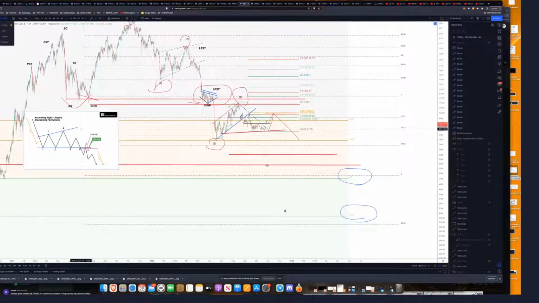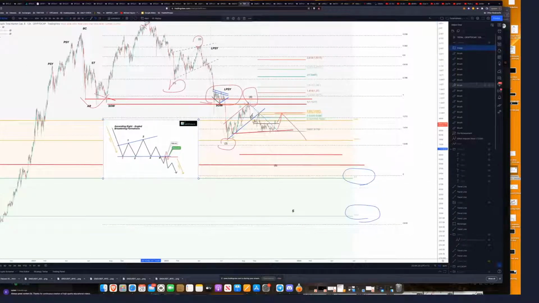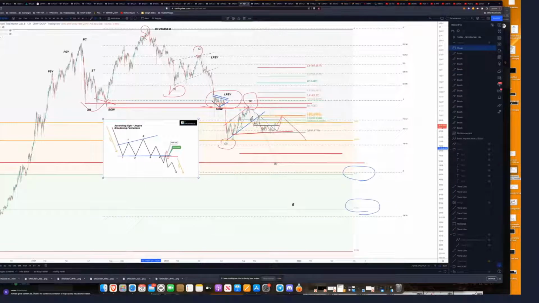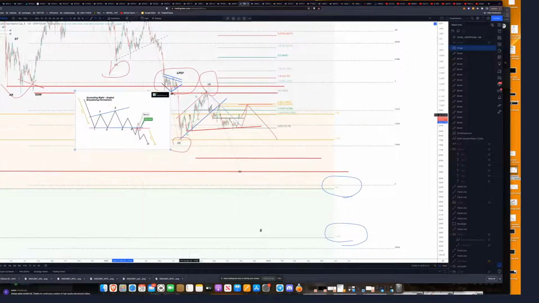This is my bearish hat, and I said the only time I'm going to give you my bullish hat perspective, but this is the bearish hat perspective. This seems to be playing out still. It needs to go above this 0.618, and that's when I feel comfortable to be bullish.